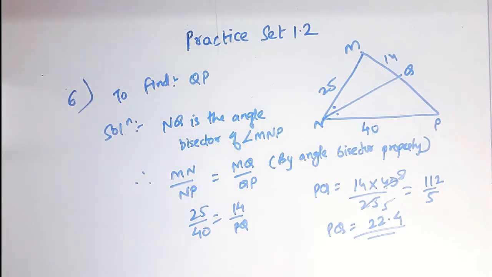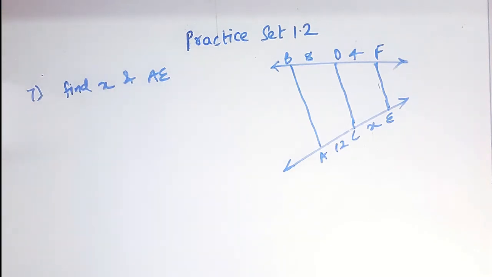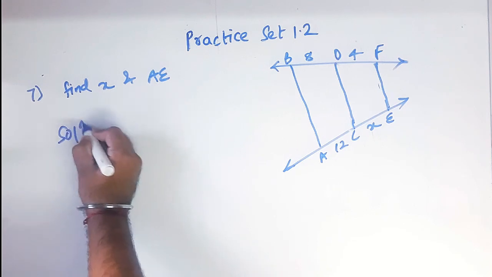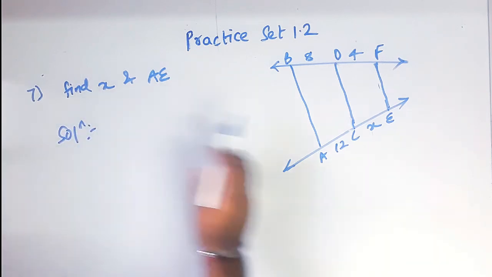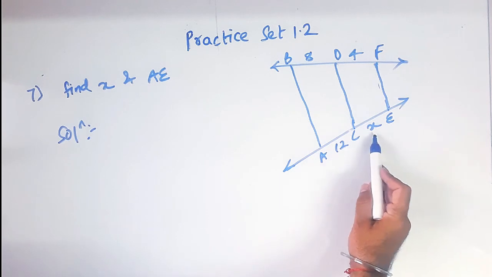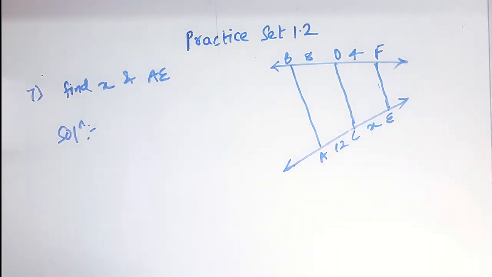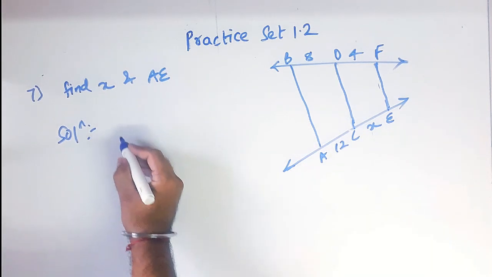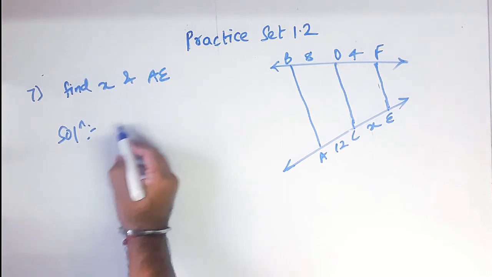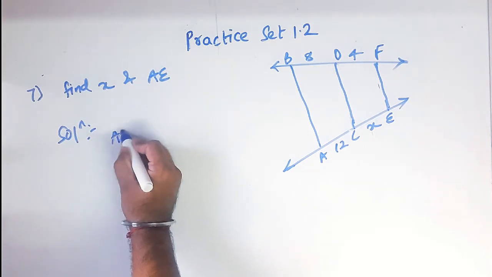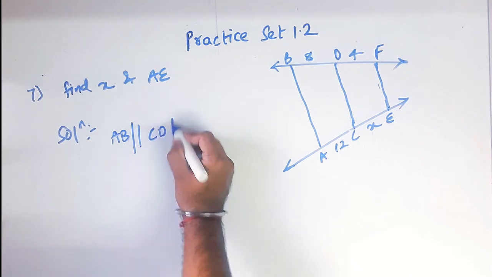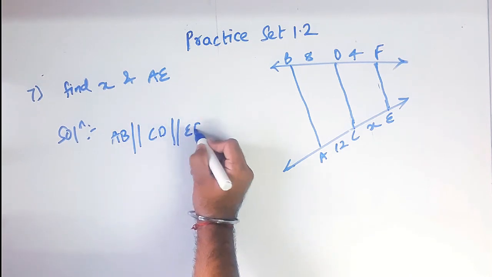Then the seventh one. Here also you can see AB is parallel to CD is parallel to FE. Which property will you use here? Property of intercepts made by three parallel lines. We have to find two things here, X and AE. First we write AB is parallel to CD is parallel to EF.